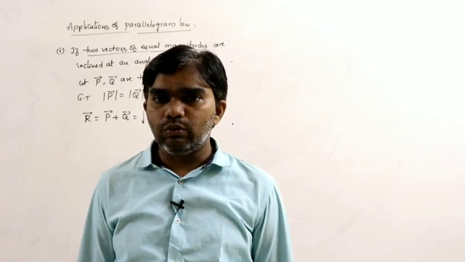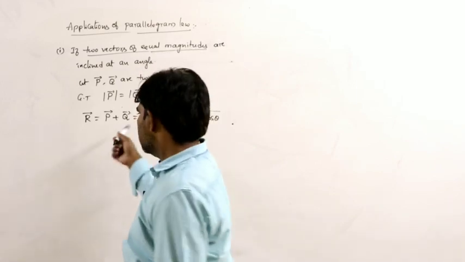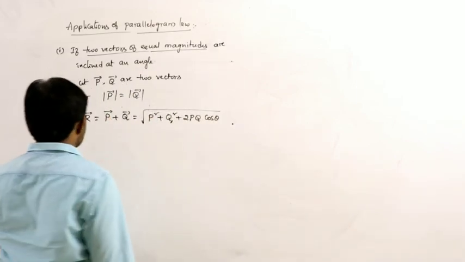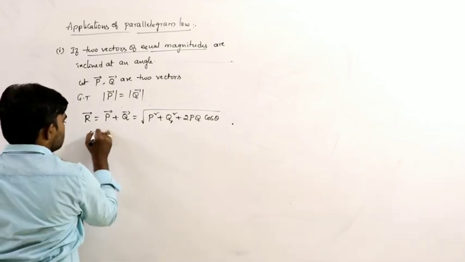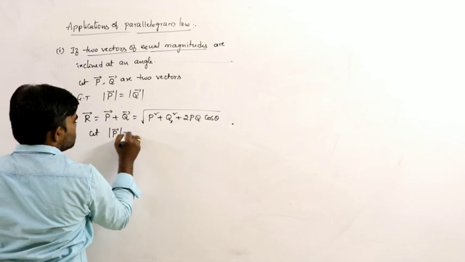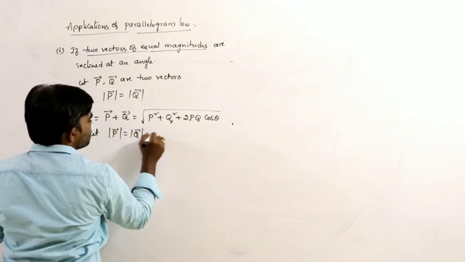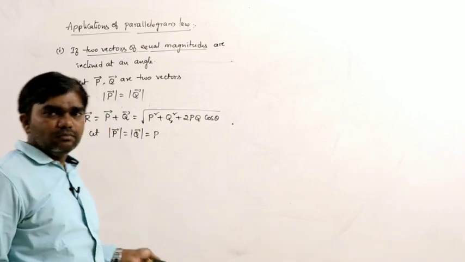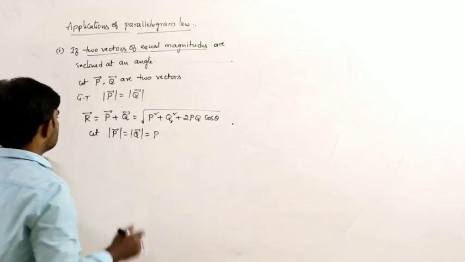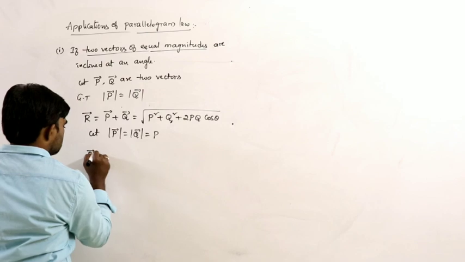Now what we have to do? Let modulus of p bar be equal to modulus of q bar. Let us say that is p or q, because both are the same, we can consider either one.